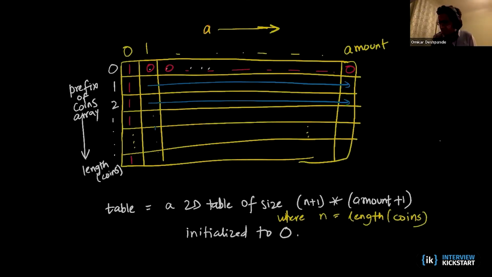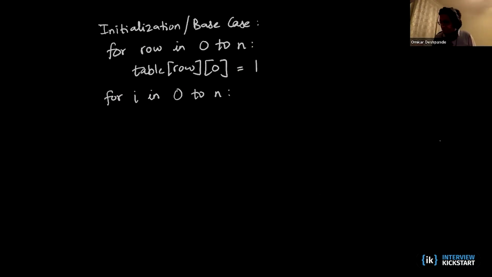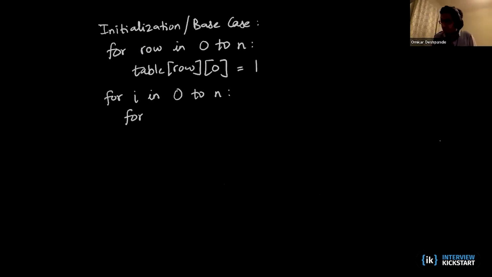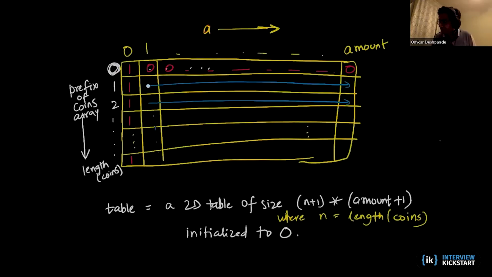Actually, it's not the index in the coins array because this 0 means that there is no prefix. So in that sense, the index is kind of like minus 1 there. Anyway, the I is the row index that varies from 0 through n, and the column index, let's just call it A, varies from column 1 to column amount.